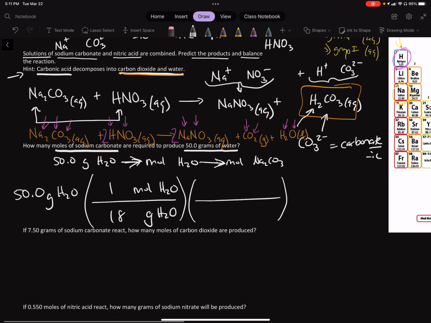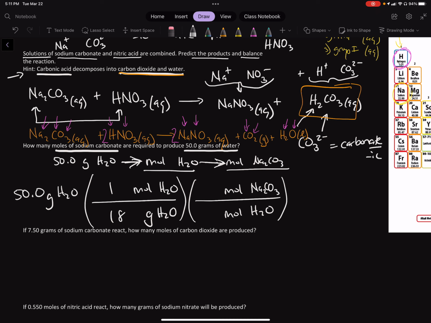Now the second conversion is the molar ratio to go from moles of water to moles of sodium carbonate. So we look at the balanced chemical reaction to figure out what numbers we put in. But in terms of our units, we want moles of water to cancel. So I'm going to write that on the bottom. And on the top, I'll write moles of sodium carbonate.